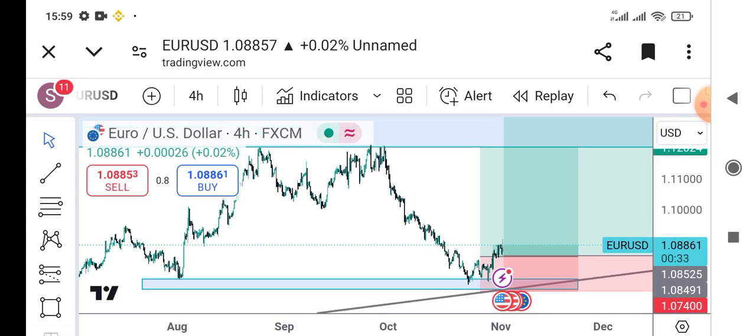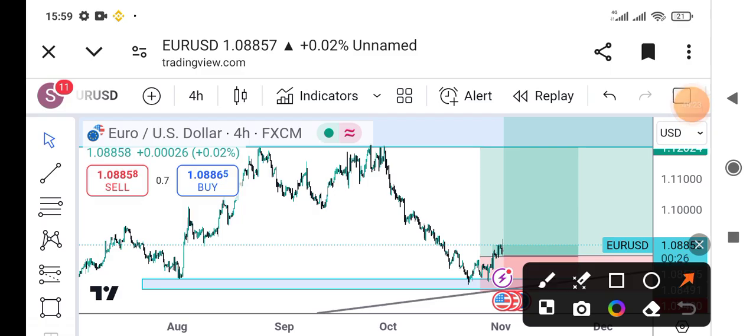So in this section we said, so this one became our support or a liquidity zone, and then this one still forms our resistance.